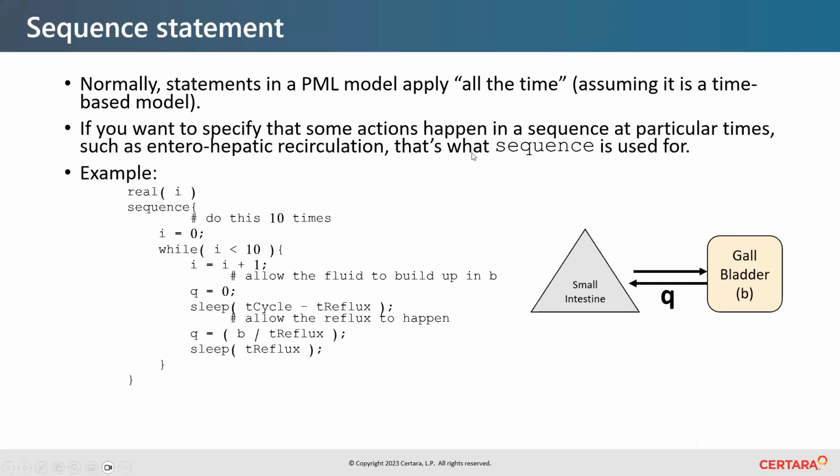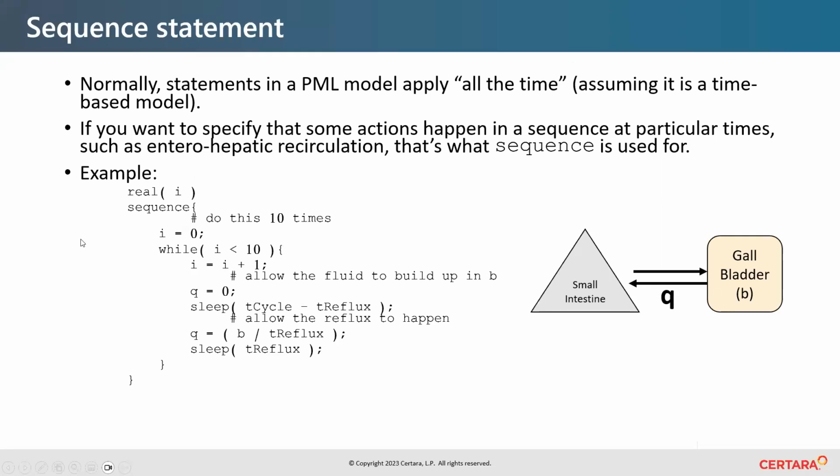So for instance, enterohepatic recirculation is modeled here. You have a rate at which, say, a medication goes from the small intestine into the gallbladder, and then all of a sudden, say once every hour, and it may take 10 minutes, the gallbladder empties back into the small intestine. So how do you express that? Well, you can do it.